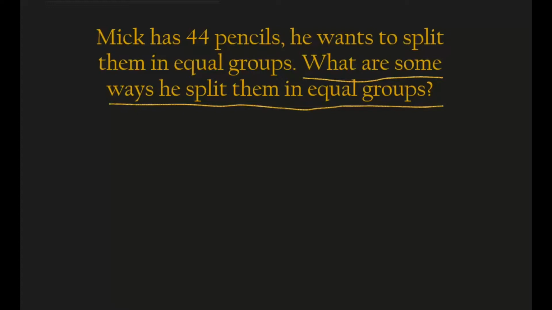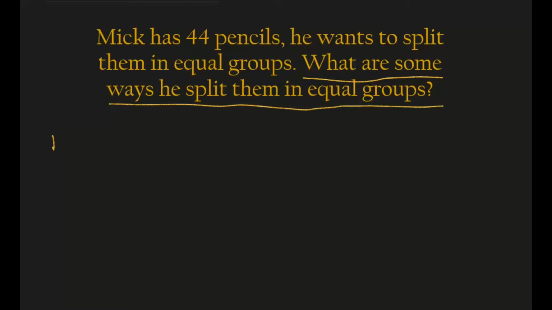So let's say one line will represent 4 pencils, a smaller line would represent 2, and an even smaller line would represent 1. Okay, let's do that just to make it easier for us.